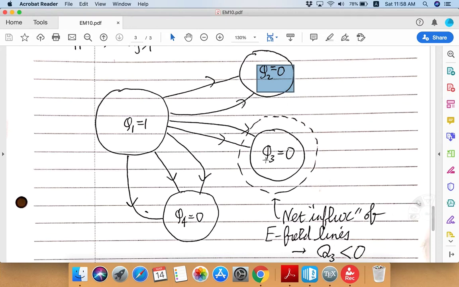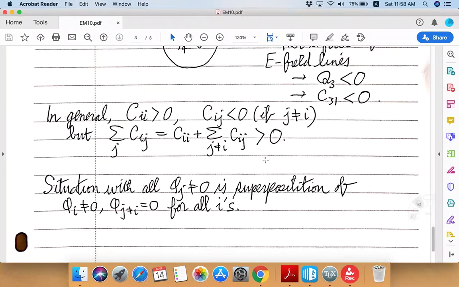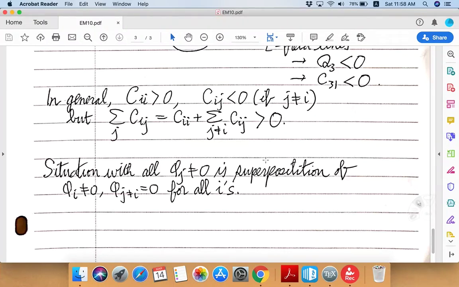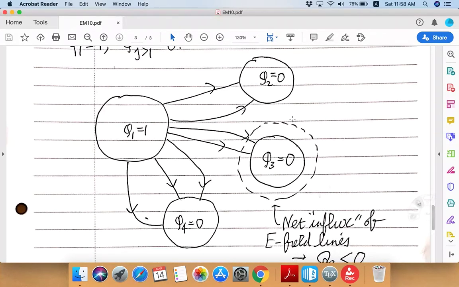And once we understand what's happening in each of those cases, then the general situation is nothing but a linear superposition of those cases we have just considered. And so by taking advantage of this principle of linear superposition that works across the entire spectrum of electromagnetic phenomena, it's sufficient for us to just confine ourselves to the case of only one potential non-zero and all the other potentials zero and just see what happens in that case.